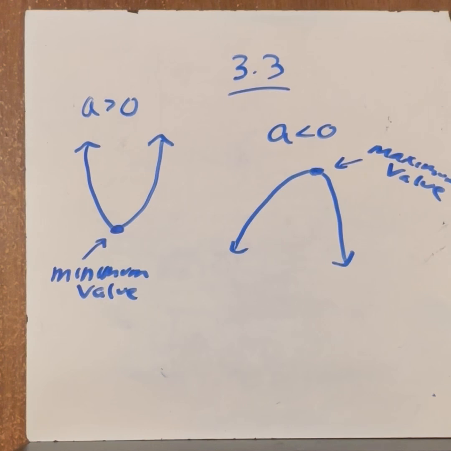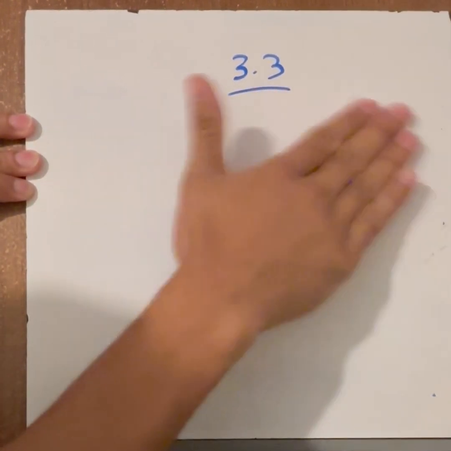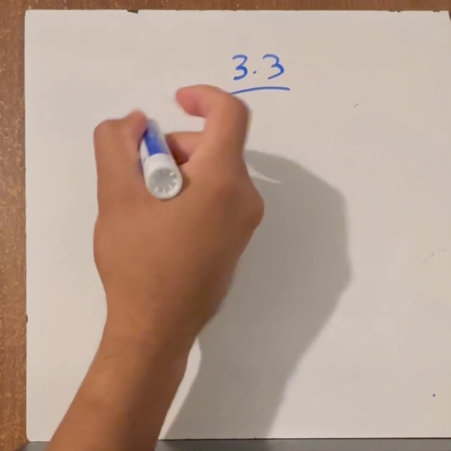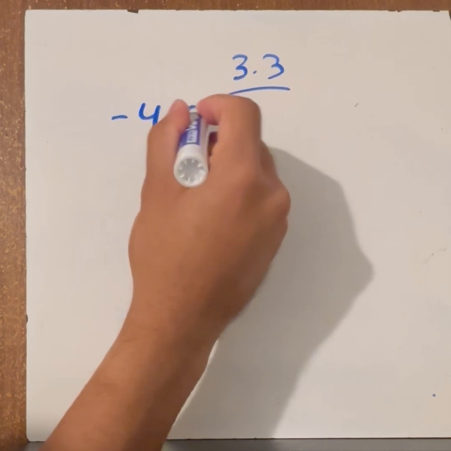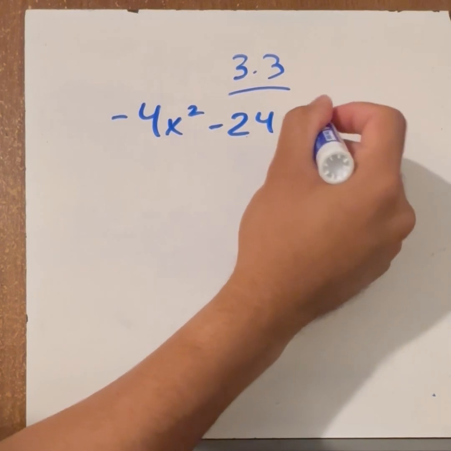Okay. So if the question says to find a maximum or minimum value, how do we do that? Let's say that the function is negative 4x squared minus 24x minus 19.